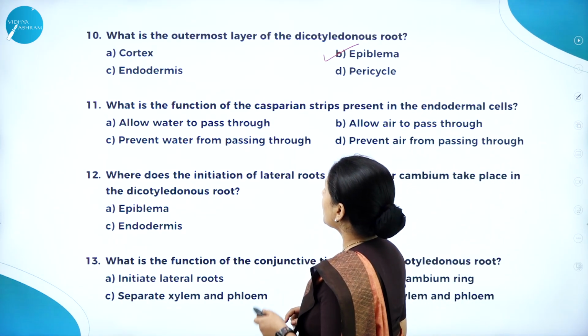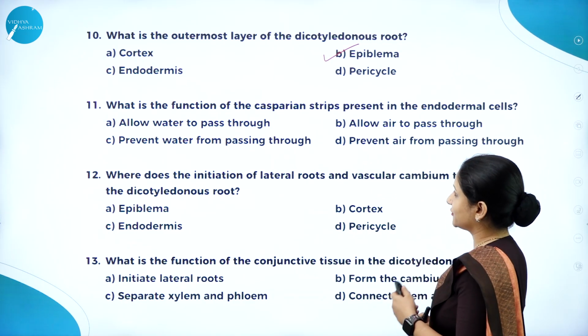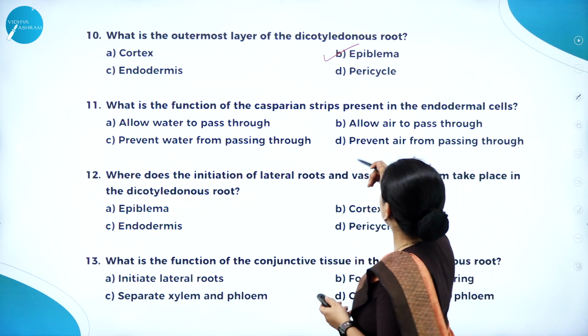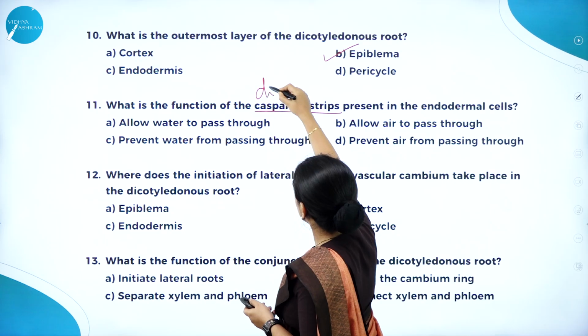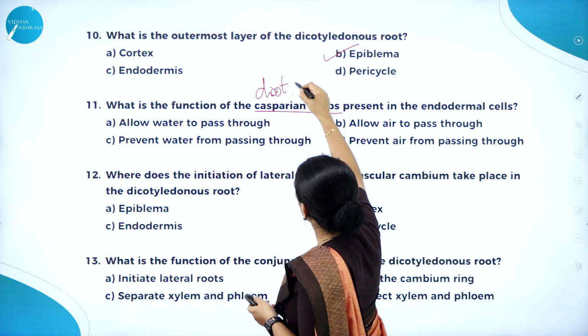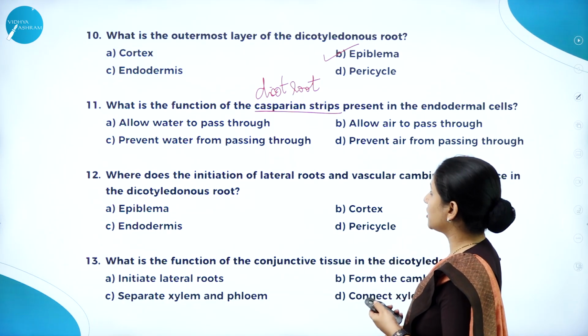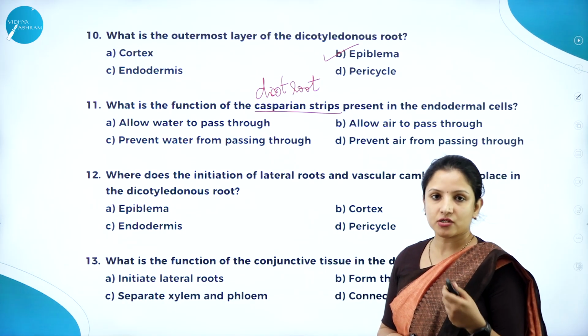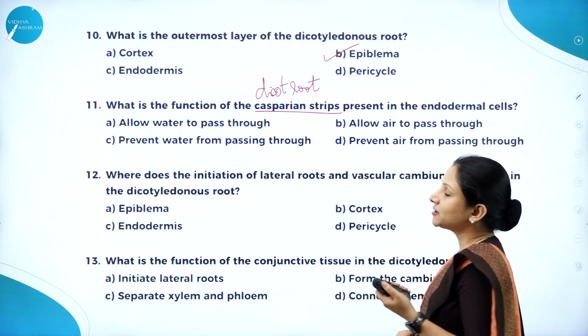Next question. What is the function of the Casparian strips present in the endodermal cells? First of all, you have to understand that Casparian strip, we find it in the dicot root. It is present in the endodermis, that is, the radial and the tangential walls of endodermis will have this Casparian strip. Now what is its function?